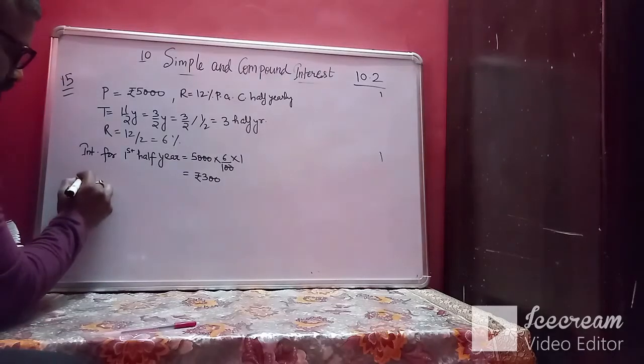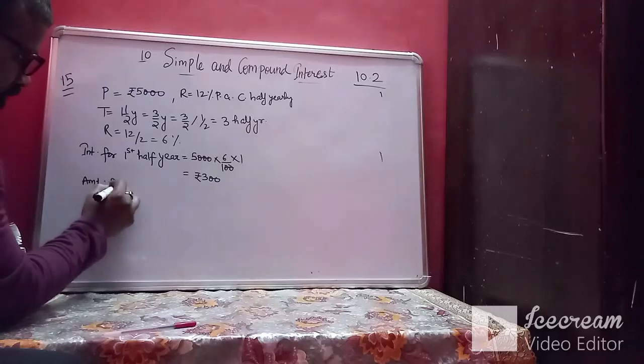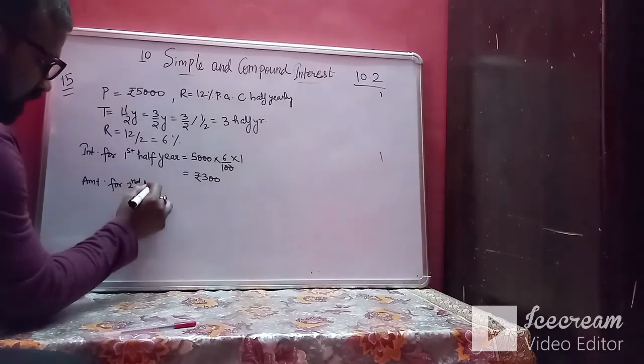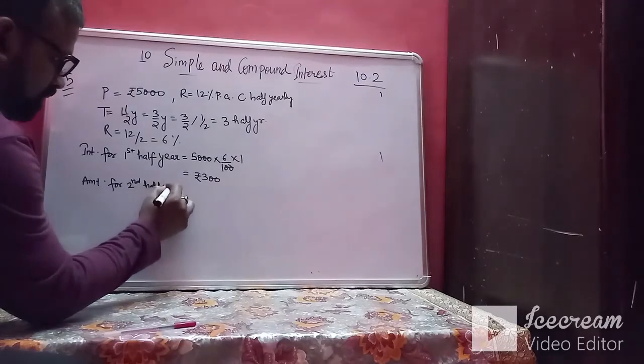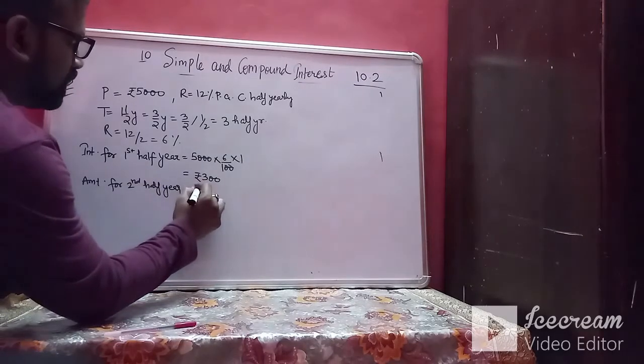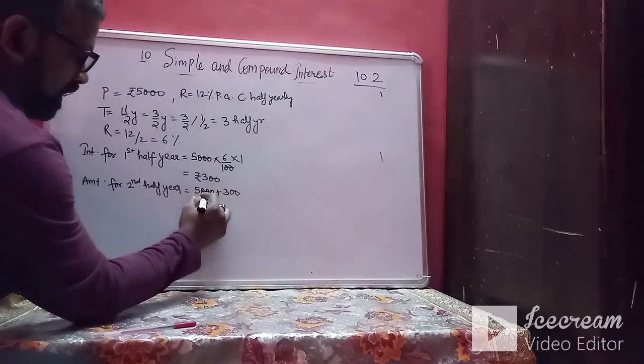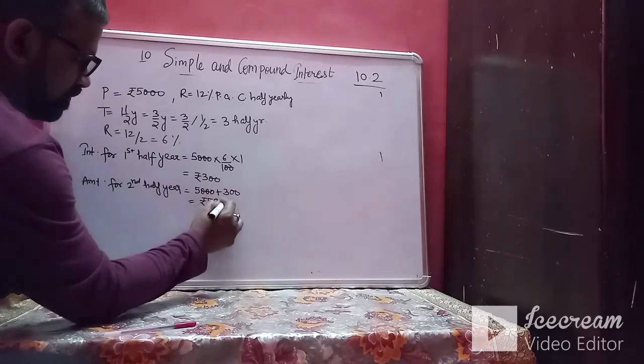Now the first amount for the second half year will be how much? 5000 plus 300, that is 5300.